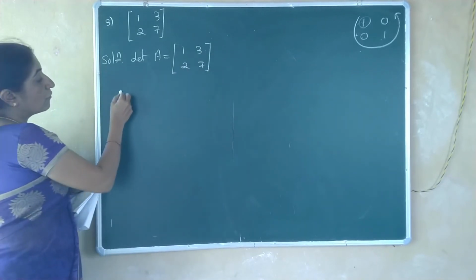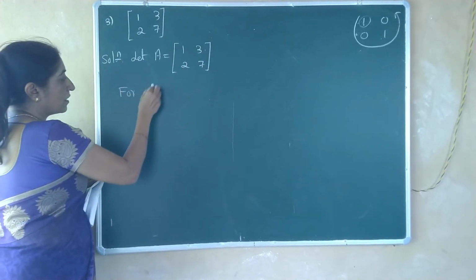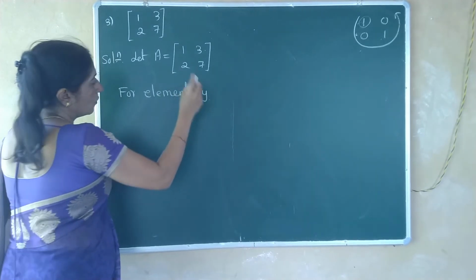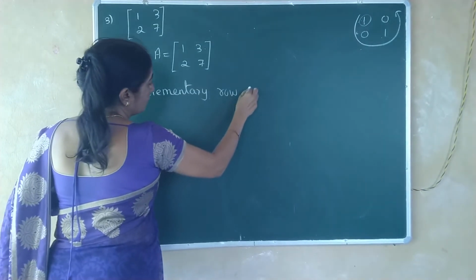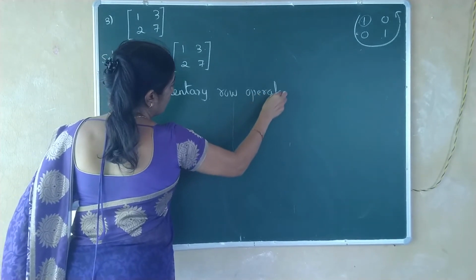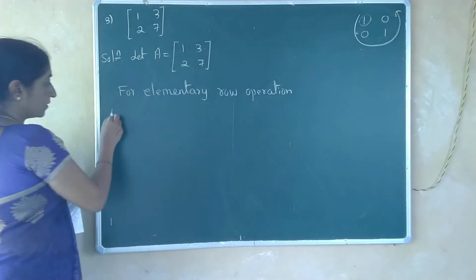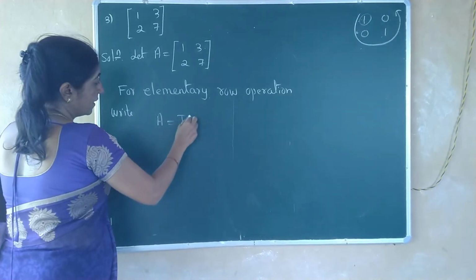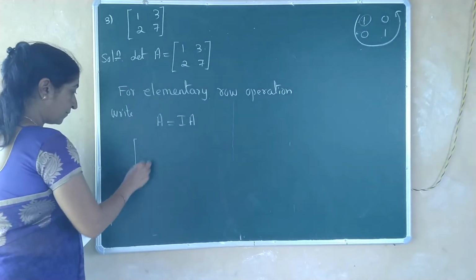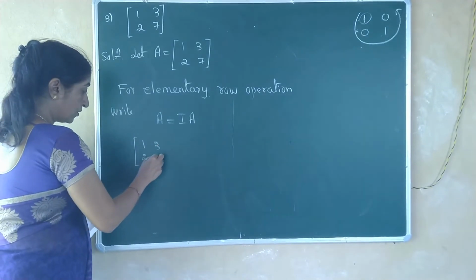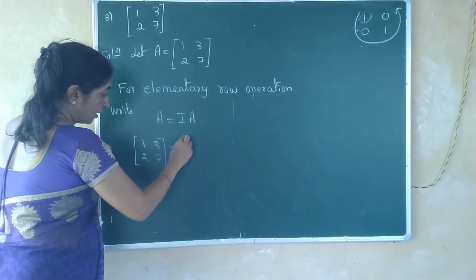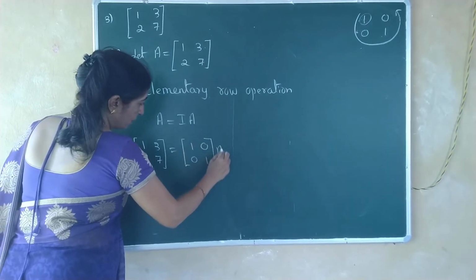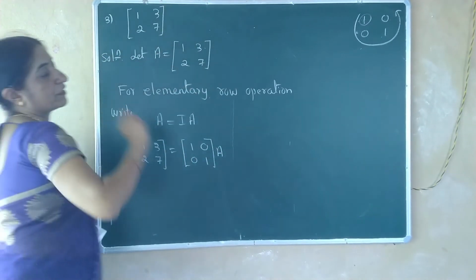Then for elementary row operation, A is equal to I into A. What is A? 1 3 2 7. What is I? 1 0 0 1. Then it is A. Now compare with this.